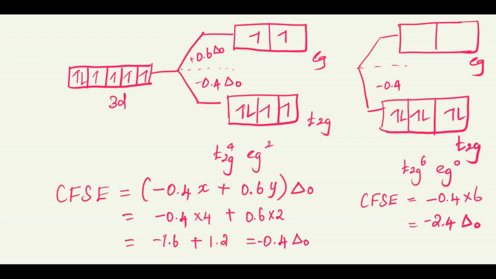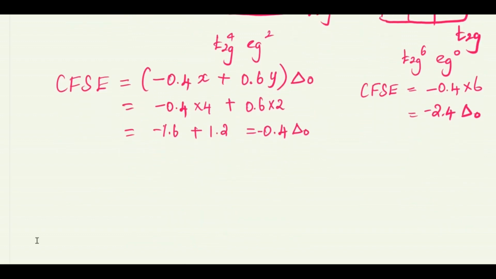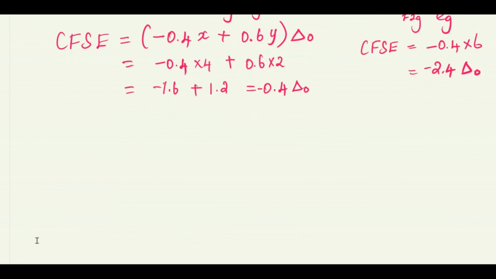So what is the importance of having it? If del octahedral value is more or high, what does it affect? If the del octahedral value is more than the pairing energy, then the electrons will remain unpaired and form high spin complexes.